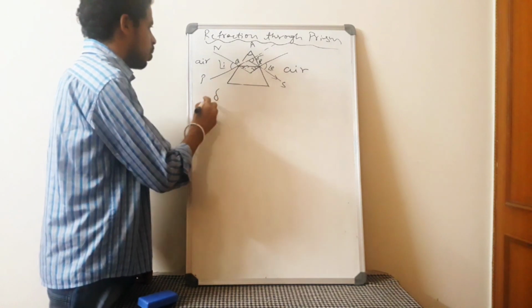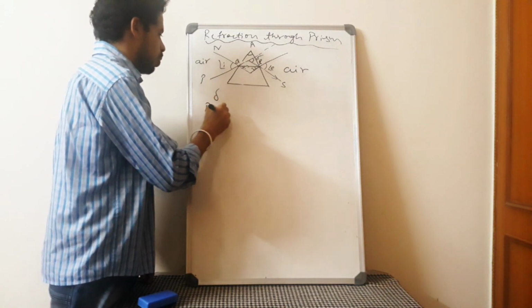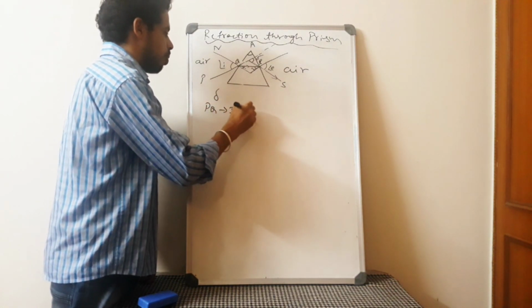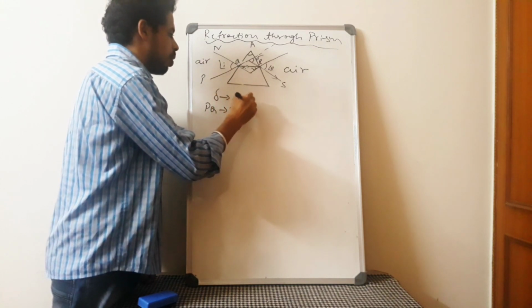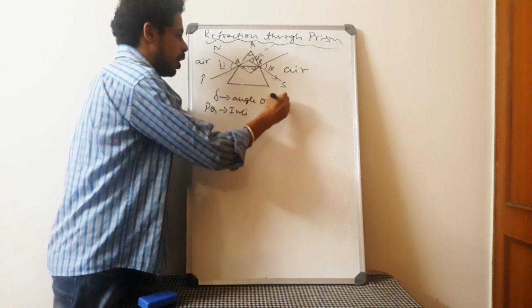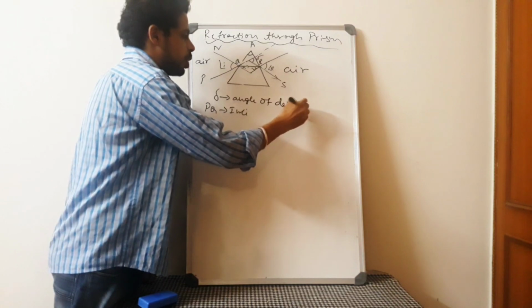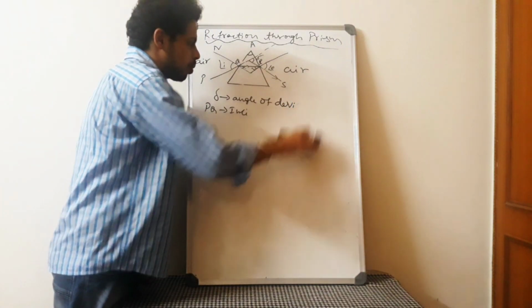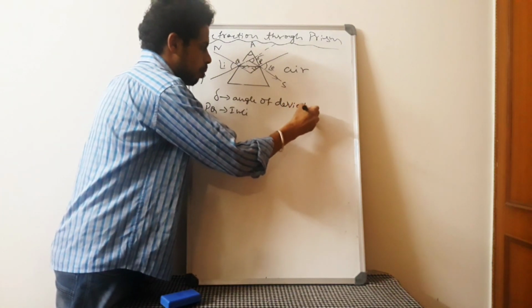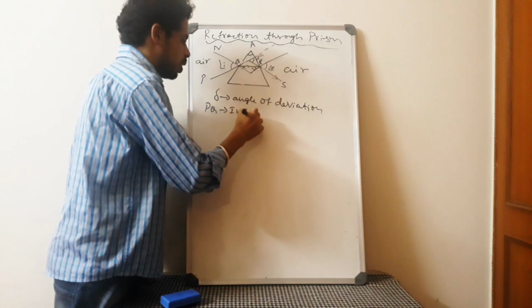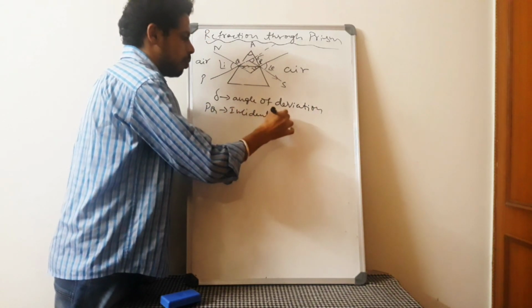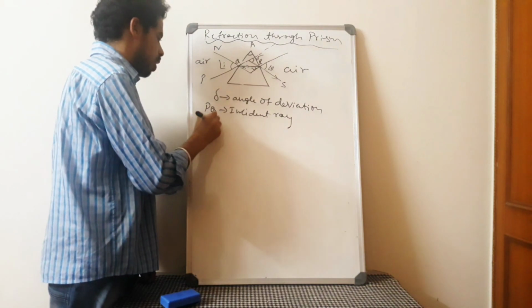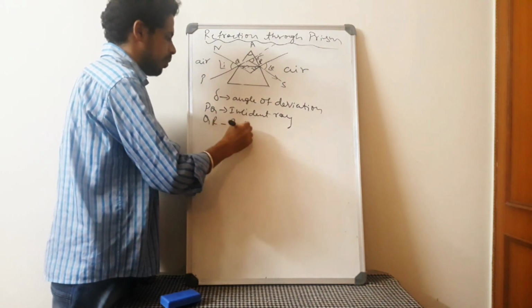So here what is PQ? PQ is the incident ray, delta is the angle of deviation, QR is the refracted ray.